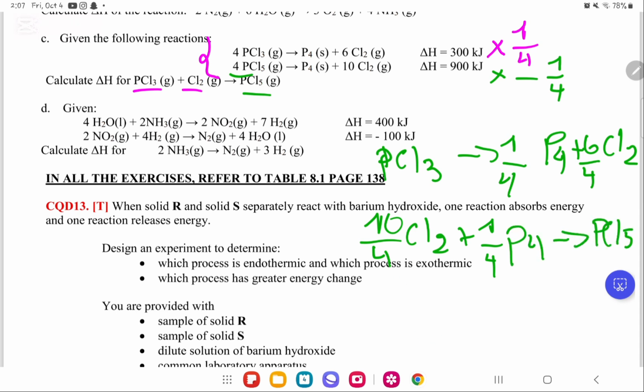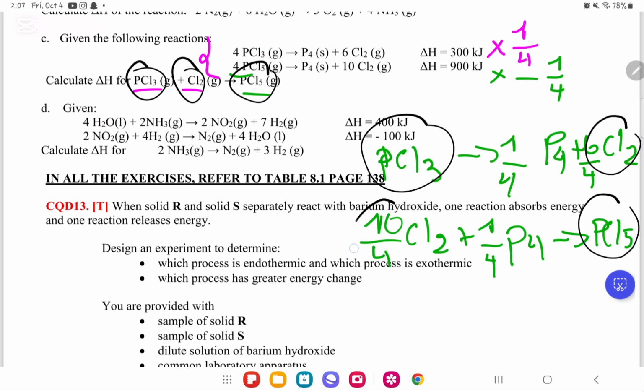So the ones we need are PCl3, Cl2, and PCl5. So we circle PCl3, PCl5, and the Cl2s. This will go away with this. And so now we subtract. We do 10 over 4 because it's in the reactants minus the one in the products.